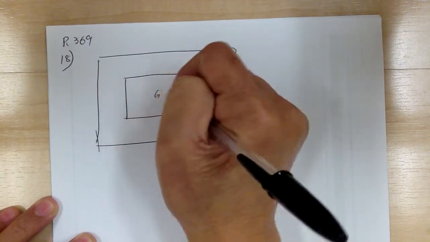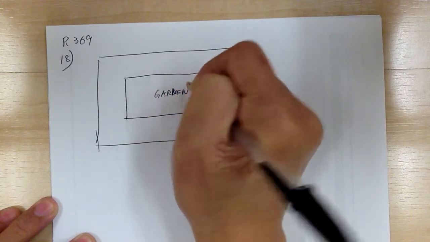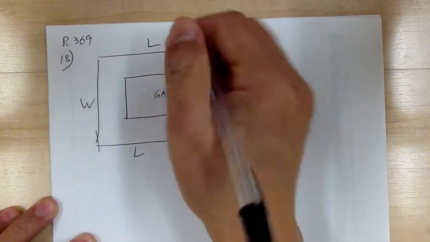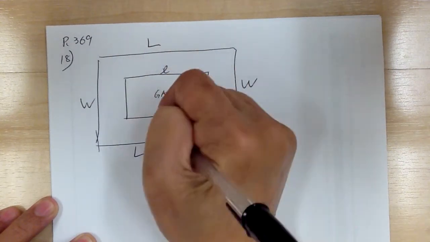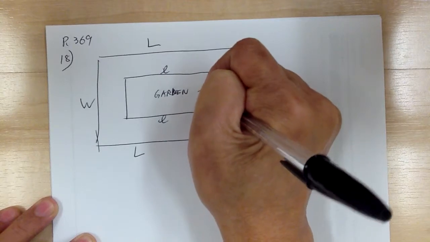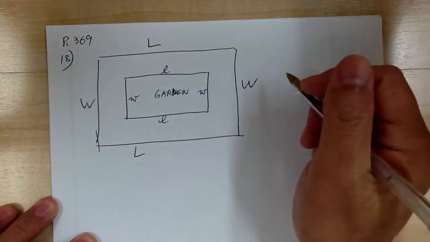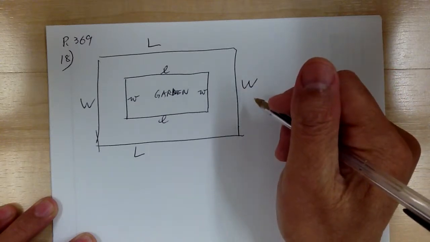So here's your garden inside. I can label outside big letter for the outside, small letter for the inside.